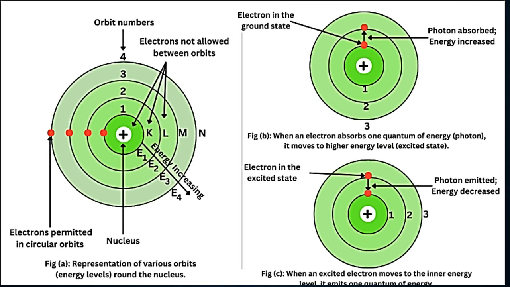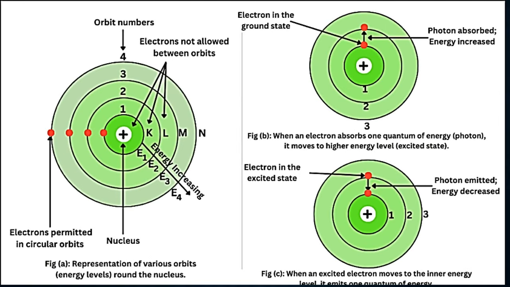And the photon that it has released, we call this process what? Emission. Since it has released this photon, we are saying that it has undergone emission.